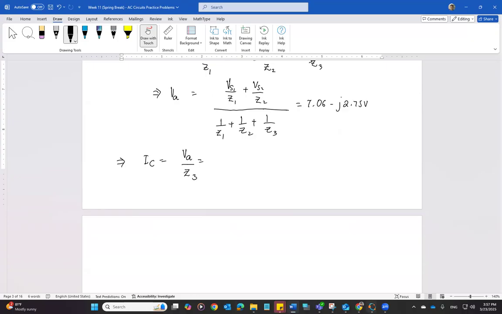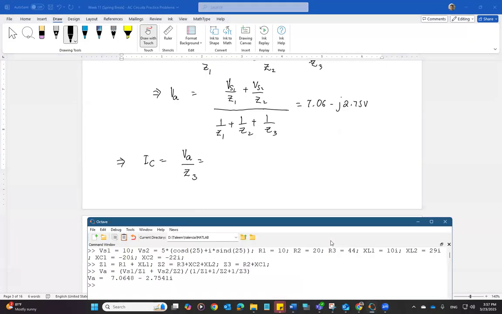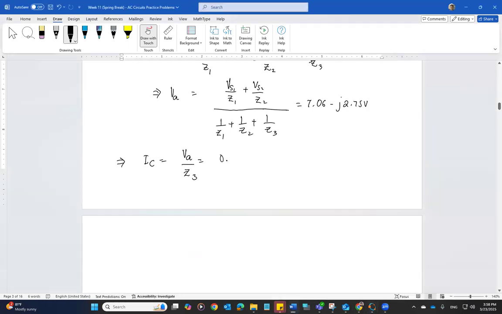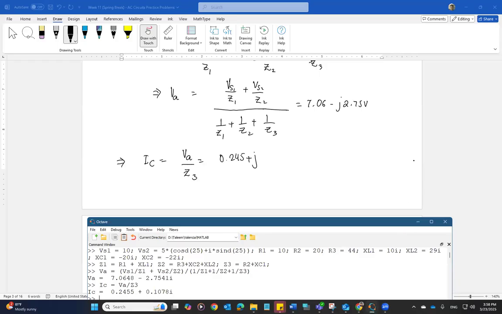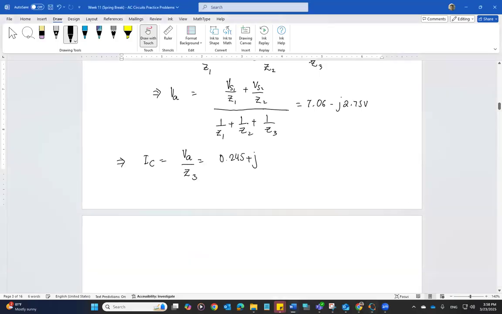So that's going to be 0.245 plus J 0.108.